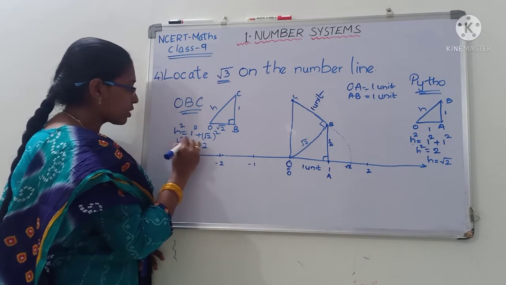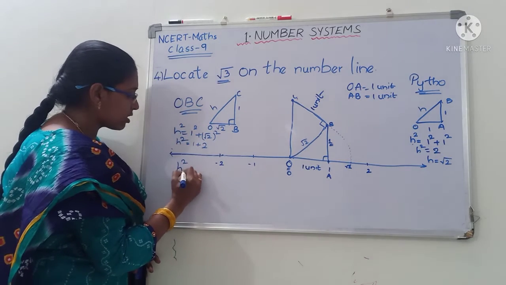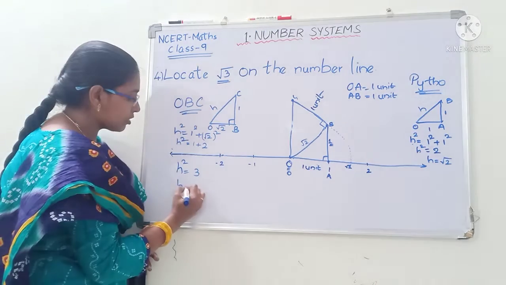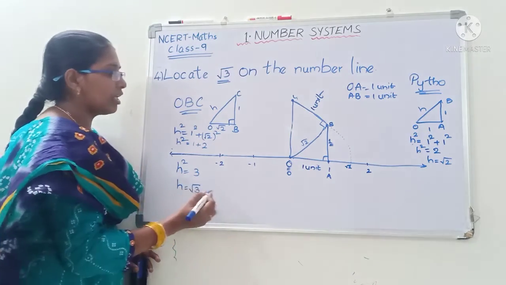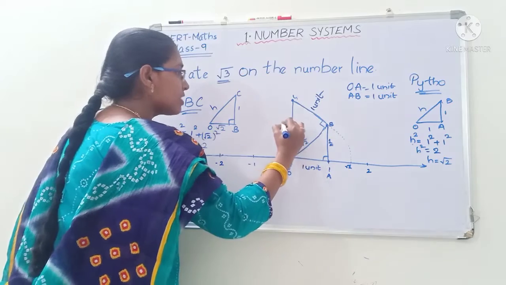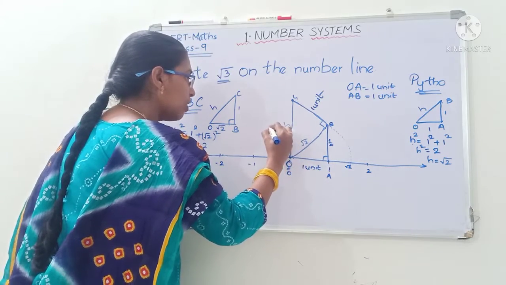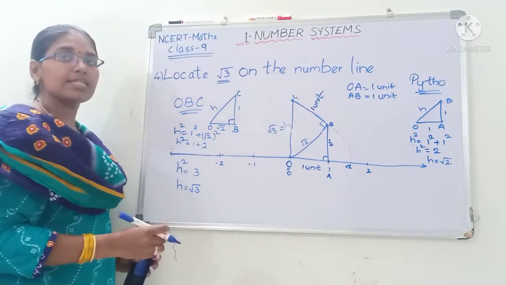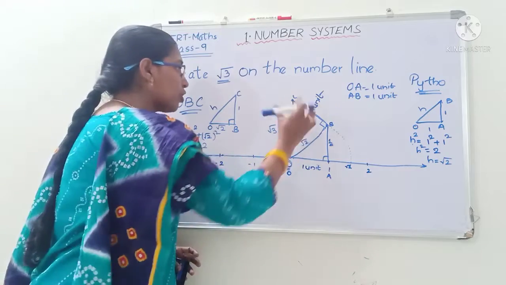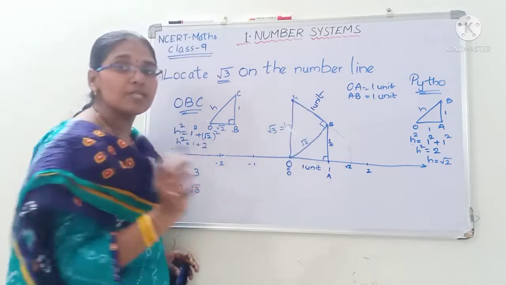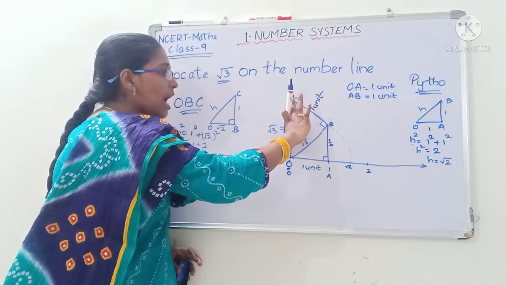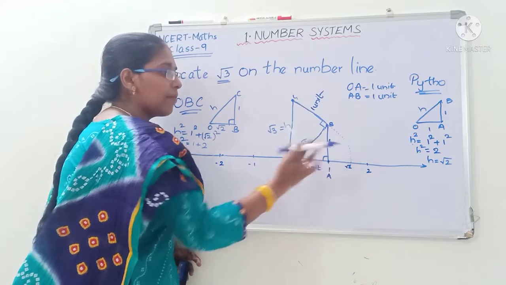So you got H square as 1 plus 2. H square is equal to 3. That means H is equal to root 3. Now you got the length of this hypotenuse H as root 3. What is the next step, children? You all know that. Now measure OC using a compass and mark this on the number line.